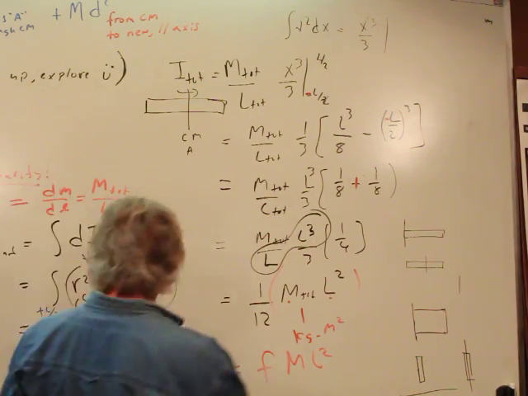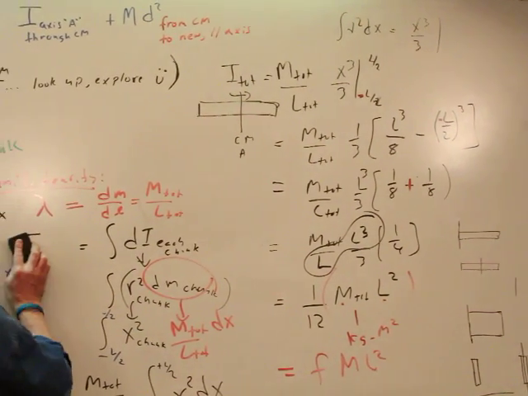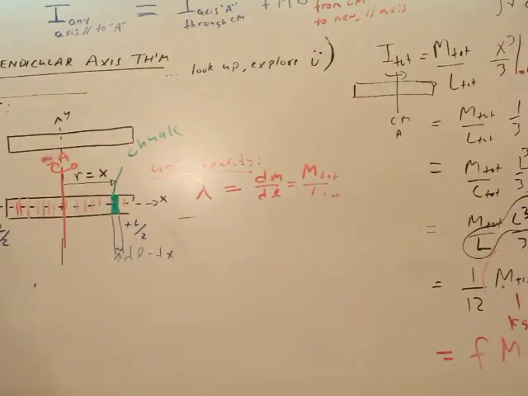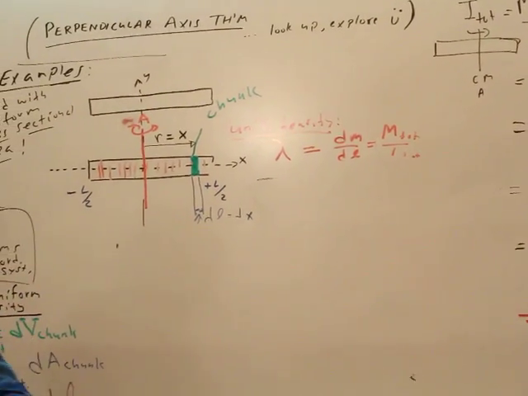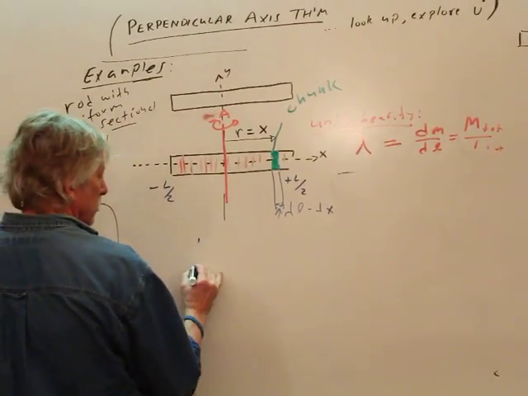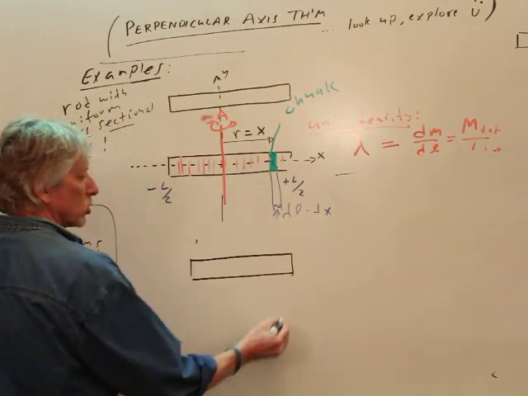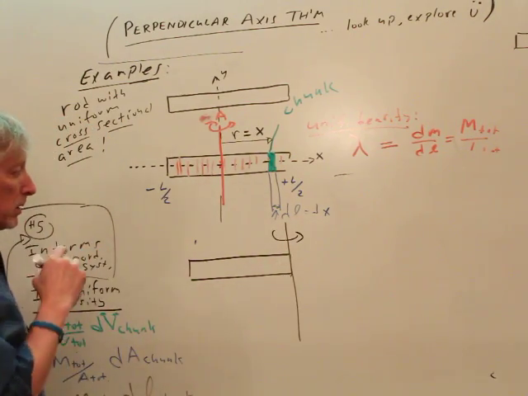Okay, cool. So now I've got that. Let's do it again. So let's do this for another axis of rotation. Let's try the end. So I'm going to do the same object here, right? But I'm going to choose a different axis of rotation. Okay.